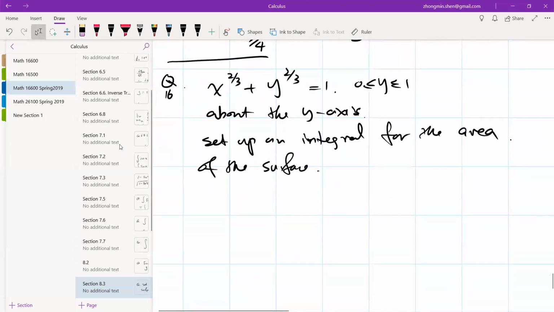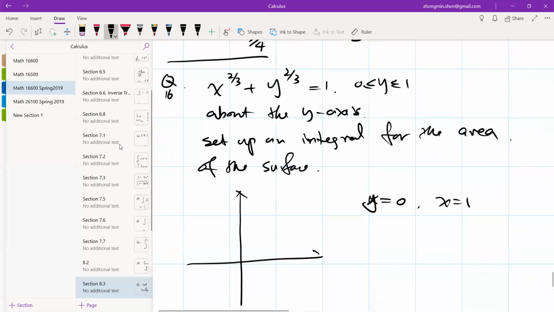Well, you say, this is a strange equation. How can I sketch this graph? It's not easy to sketch the graph. That's true. But you should see that when y is between 0 and 1, what is the x value?